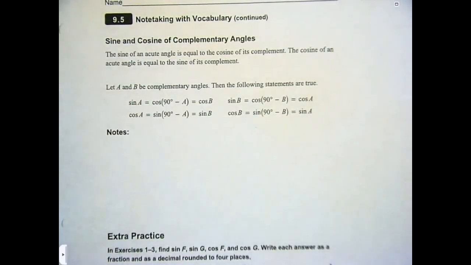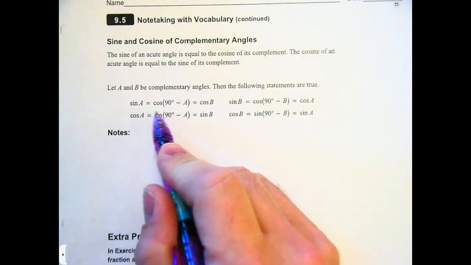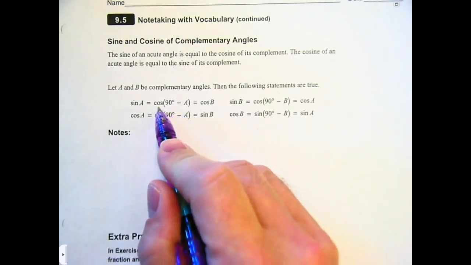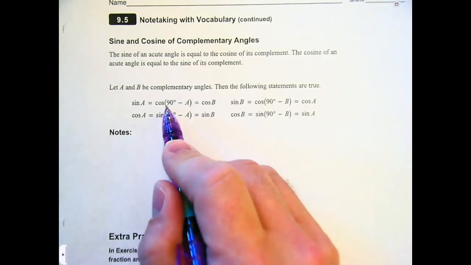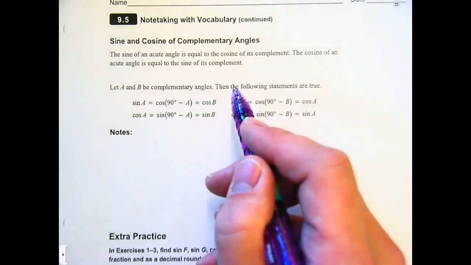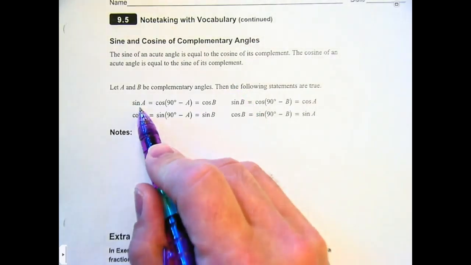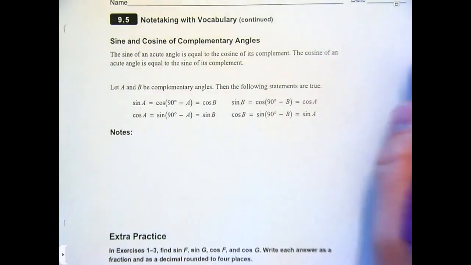Okay? Here we go. If I know the sine of A, the cosine of the other angle is just your 90 minus A. That's going to be the cosine of B. The sine of A is equal to the cosine of the other angle.